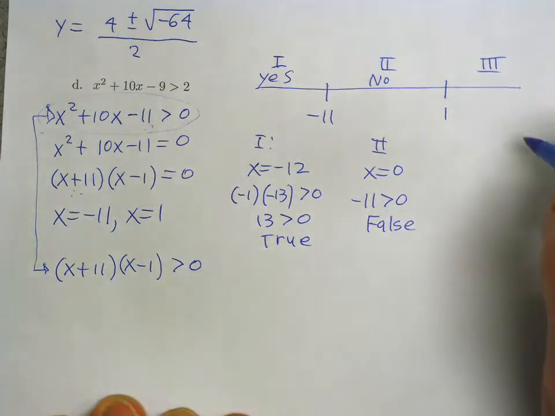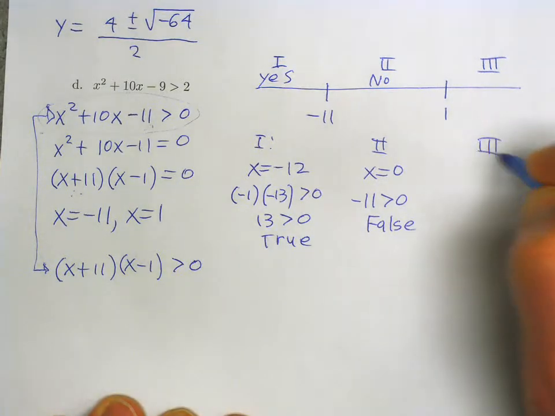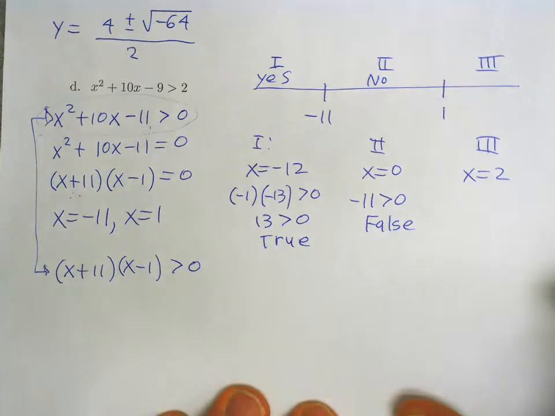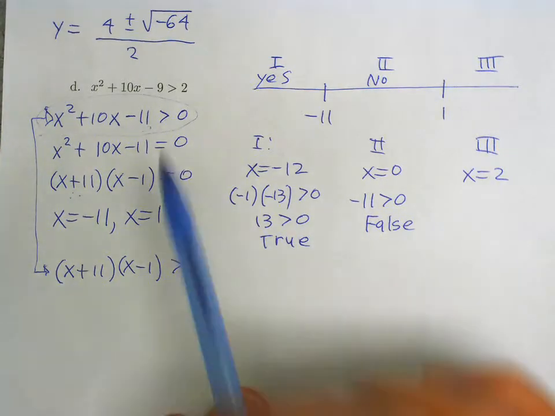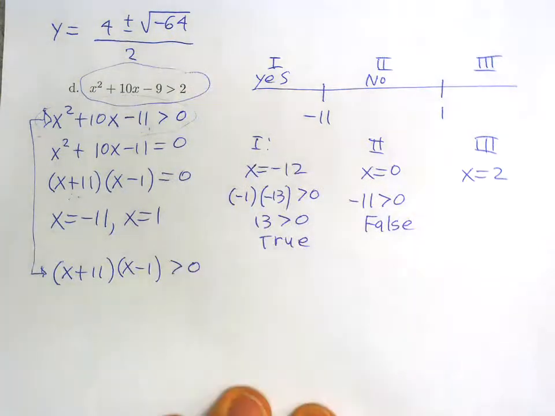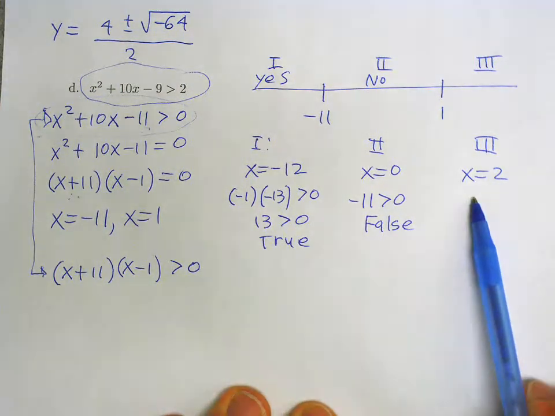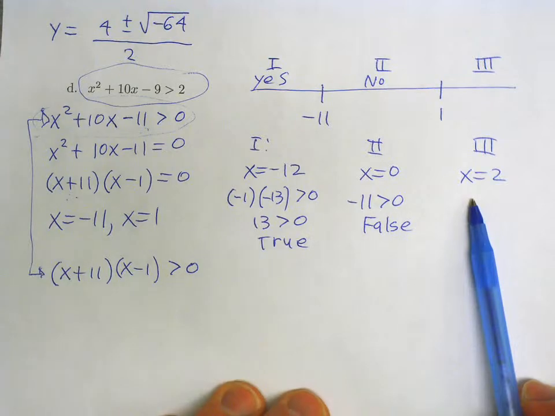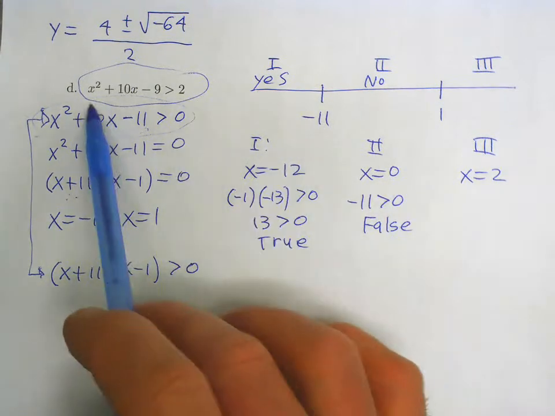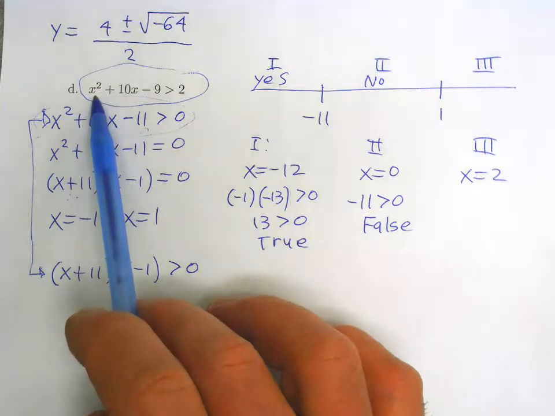And then finally, in the third interval, let's pick x to be 2. Okay, so we have multiple options. This time I'll use the original inequality, not because it's the easiest thing to do, but just to show you that it can be done. So when x is 2, replace every x with 2.